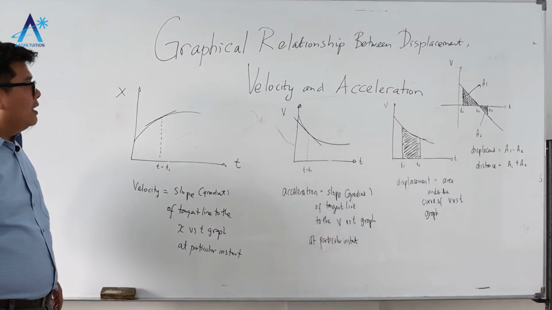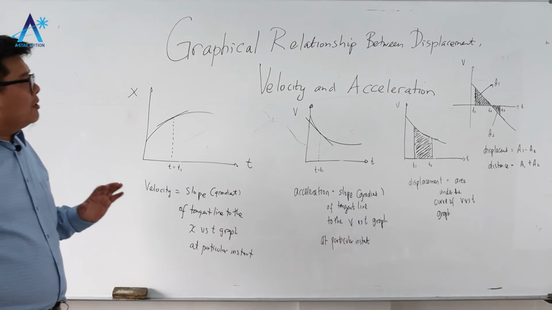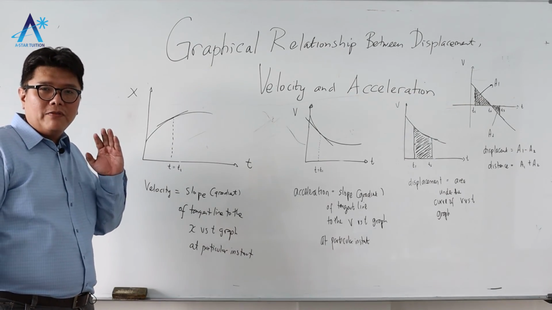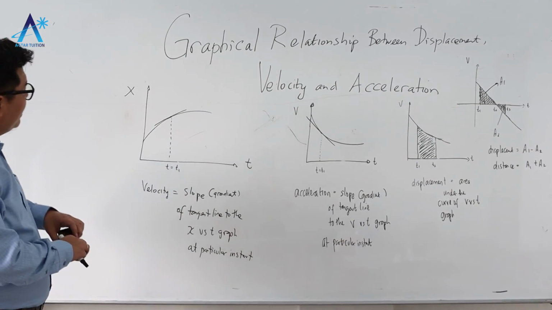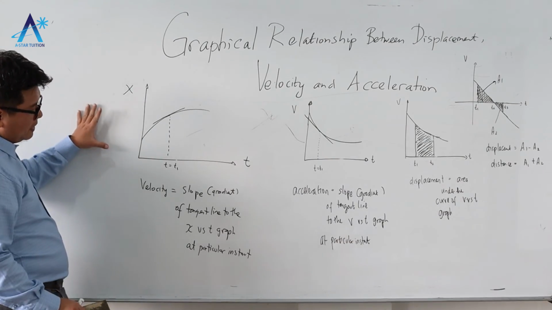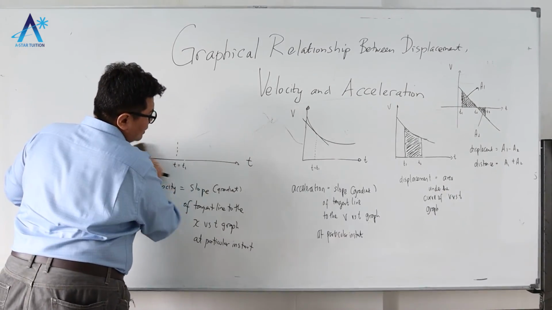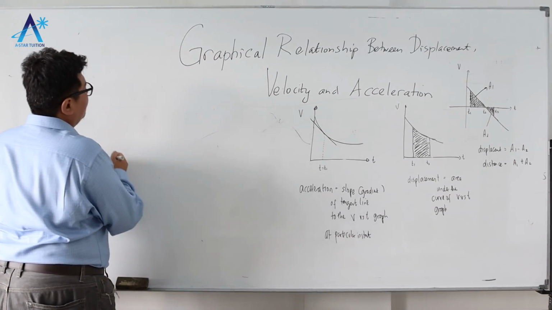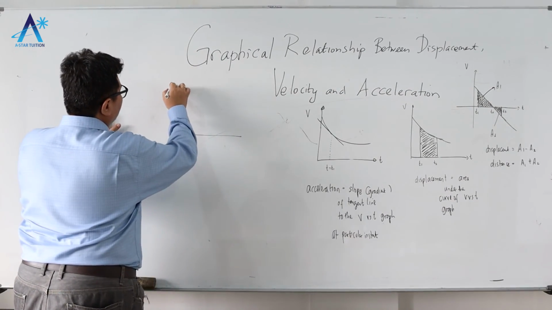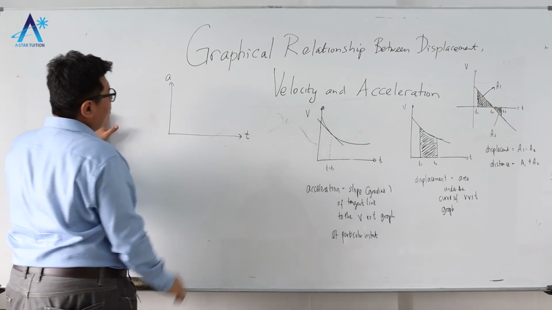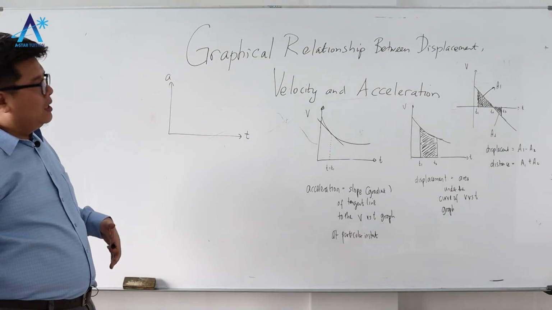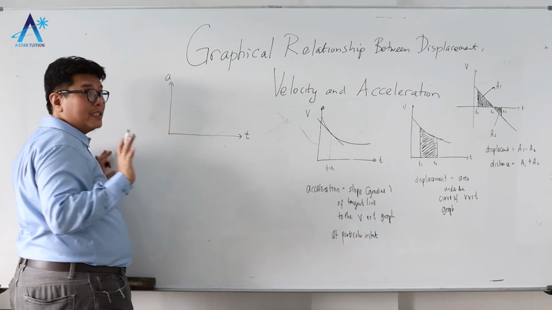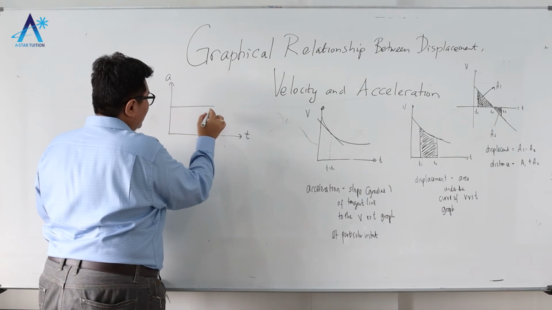And last, let's talk about the acceleration function of time. What do we get if we have an acceleration function of time graph? Let me erase the displacement function of time graph, and let's talk about what we obtain from an acceleration as a function of time graph. Let's say the acceleration is constant. Well, it doesn't have to be constant, but let's say it's constant in this case.